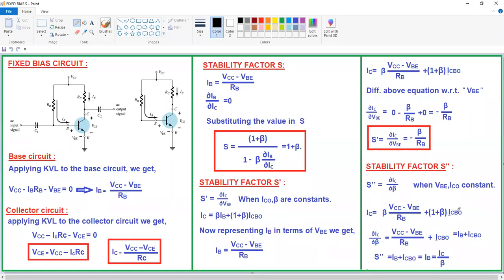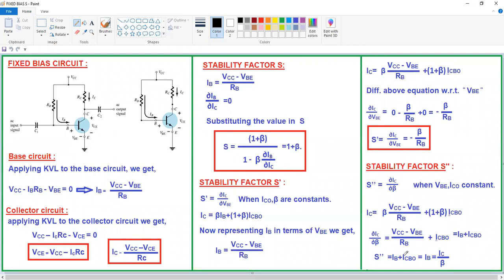After that, beta into ICBO: dou IB by dou IB is 1, into ICBO. So the total equation becomes IB plus ICBO, because VCC minus VBE by RB is nothing but IB.